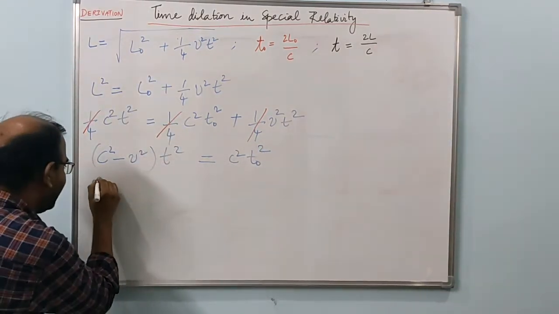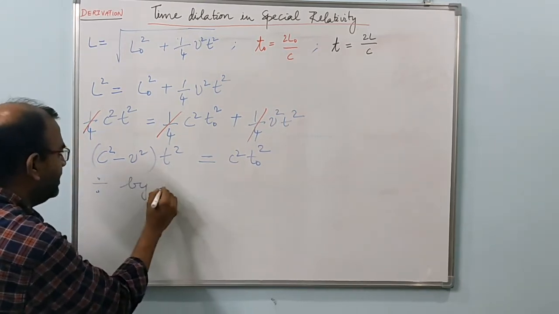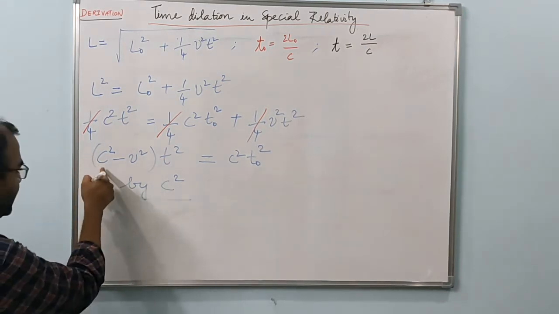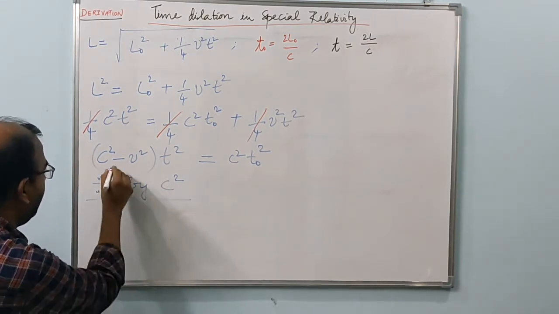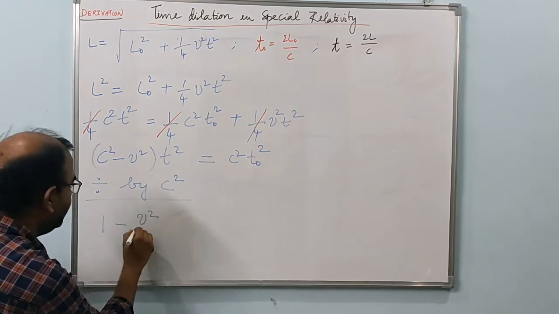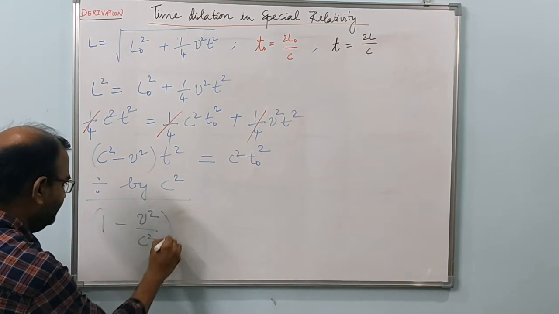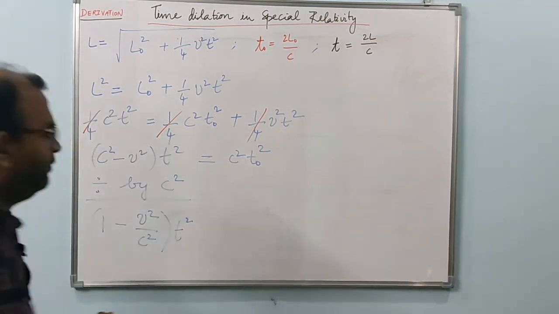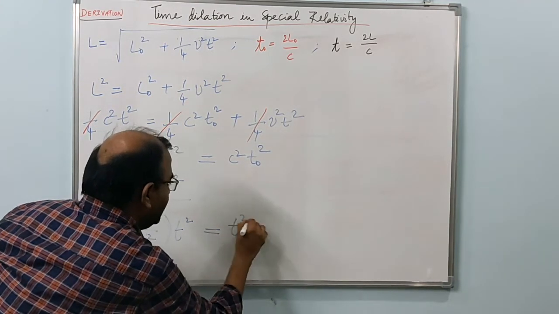Now dividing the whole expression by c squared, we would get c squared over c squared is 1, minus v squared over c squared, times t squared is equal to t naught squared.